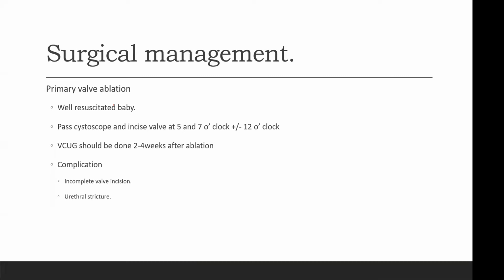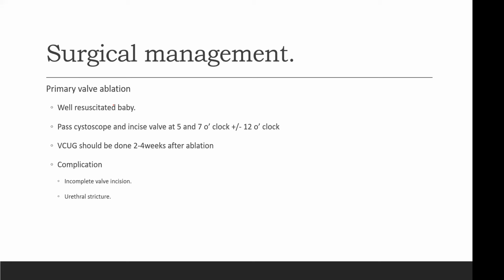Before you take the child for valve ablation, you have to make sure that it's a well resuscitated child, and then you're going to need a cystoscopy. Then you're going to have to incise, as I mentioned, at 5 o'clock, 7 o'clock, and 12 o'clock. Once that is done, you can even check the urine stream by pressing on the suprapubic area and pressing the bladder to see if after ablation the stream of urine improves.